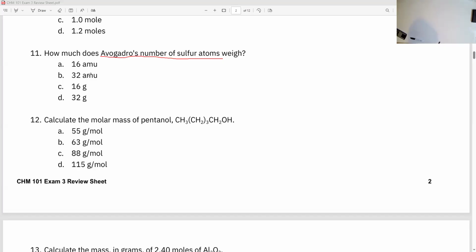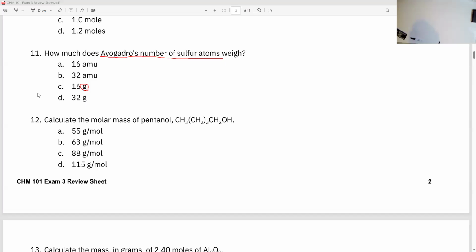Remember, AMU means atomic mass unit. But when we're talking about how much things weigh, mass units are units of grams, milligrams, pounds, our actual mass measurement value.